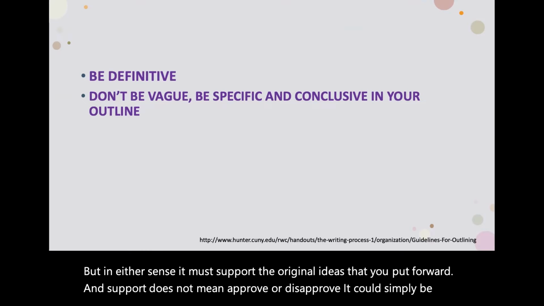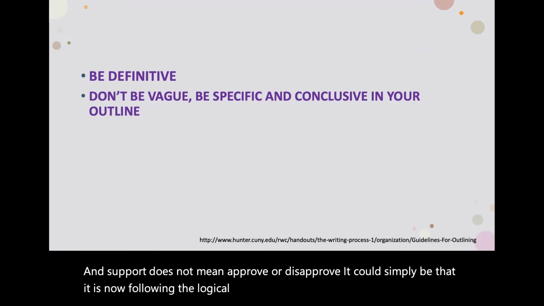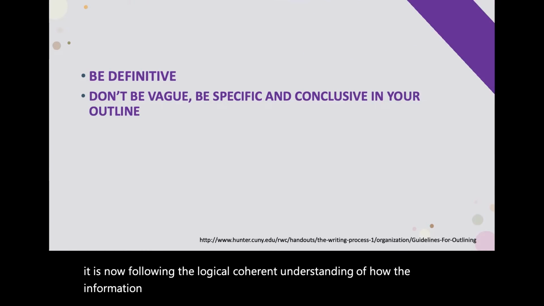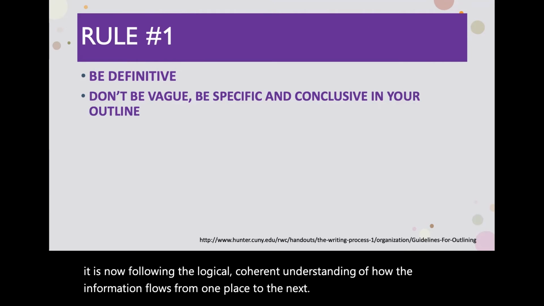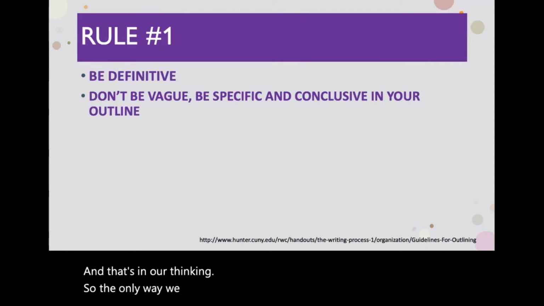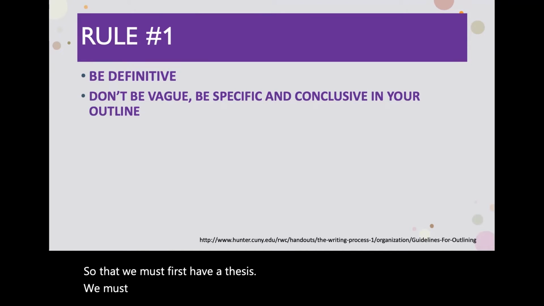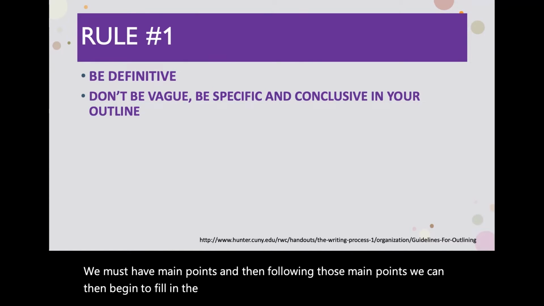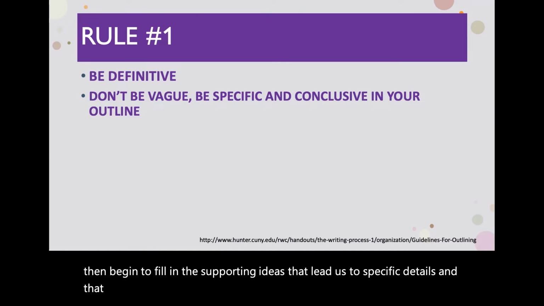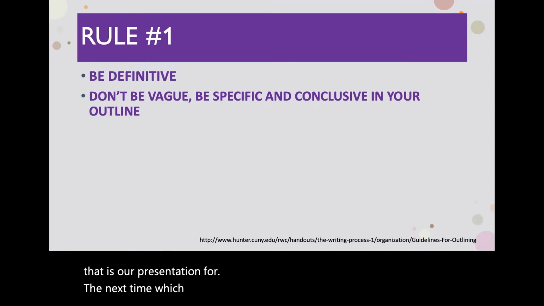That's what definitive is, meaning that, and I'll show you an example shortly, as we move forward from our original thesis and supporting ideas and main points, we begin to think about: is what I'm saying in my outline supportive of my original thought or statement that I made in my thesis?